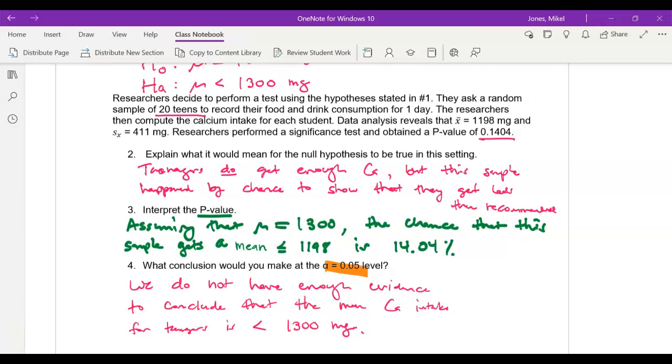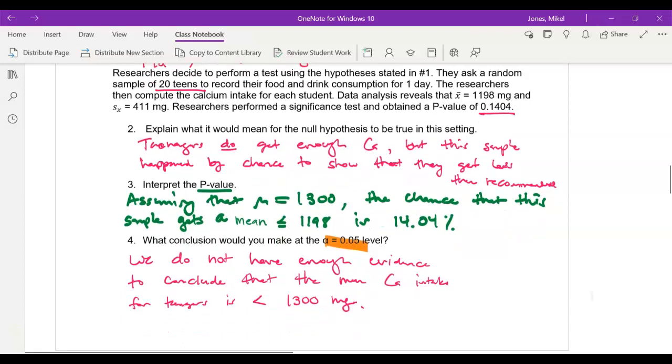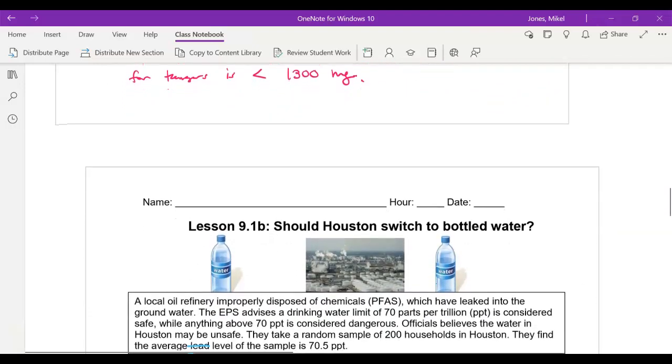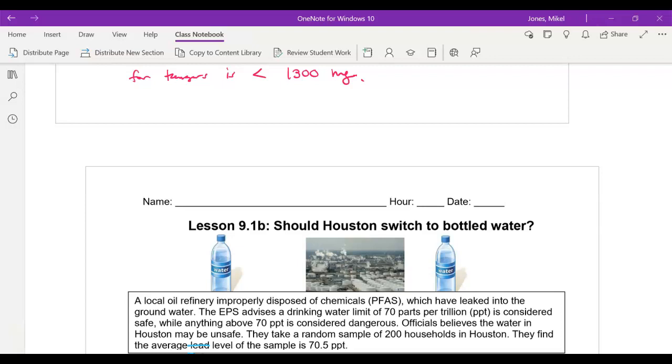All right, so what we're going to be doing next is working on the lesson 9.1b activity. So we talked a little bit about the water crisis in Flint, Michigan yesterday. So today let's consider a situation that would be maybe more applicable to Houston.